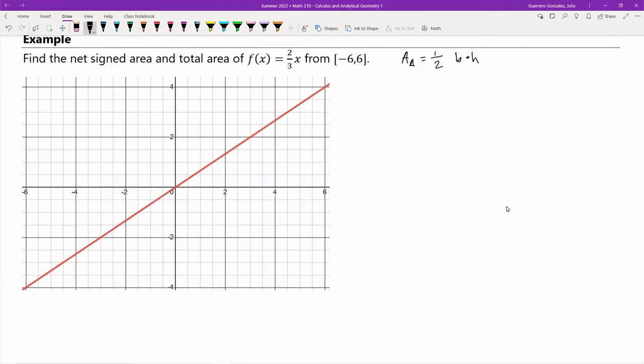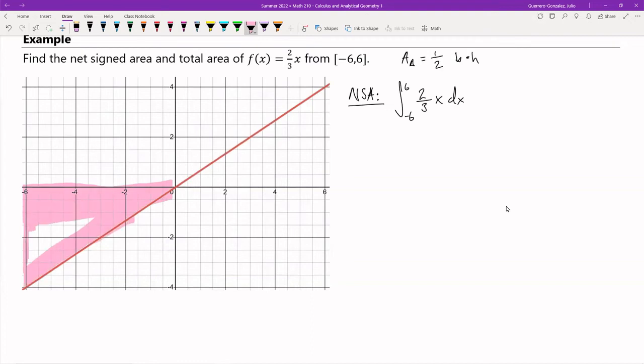Okay, so let's do first the net signed area first, right? So then this means that it's going to be the integral from -6 to 6 of 2/3x dx. Okay, so that area is going to be this area right here. Let me highlight the stuff that I'm going to be talking about.